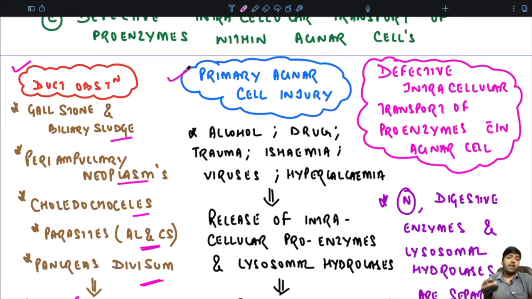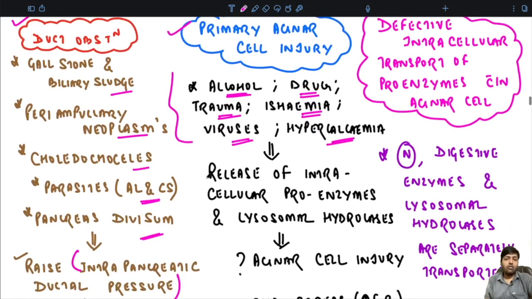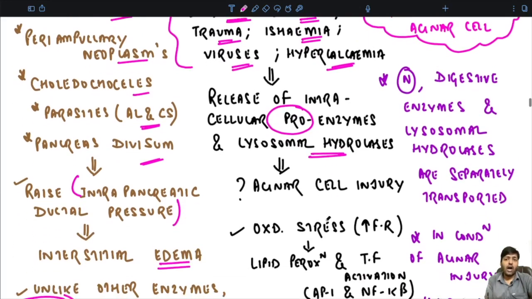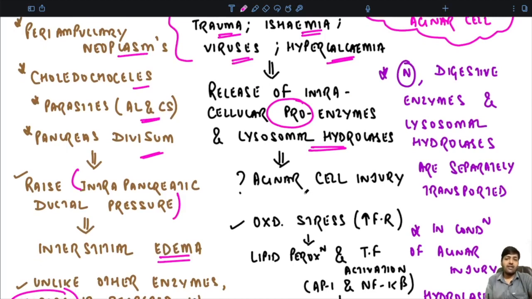The second important mechanism in the pathogenesis of acute pancreatitis is the primary acinar cell injury, like from alcohol or any kind of drug or trauma or ischemia or viruses or hypercalcemia. So all these cause primary acinar cell injury. How do they do that? They cause the release of intracellular proenzymes as well as lysosomal hydrolases.